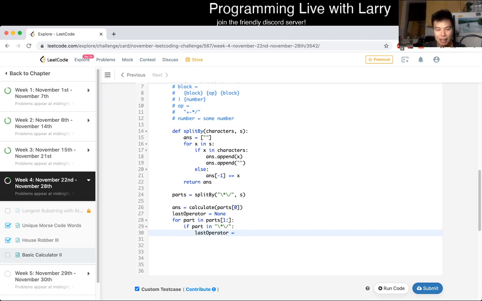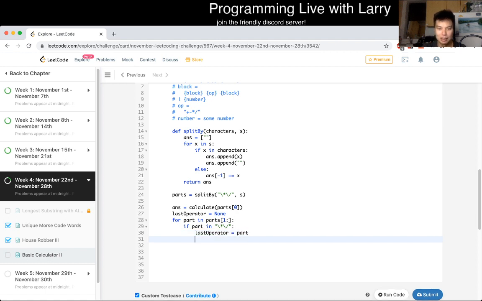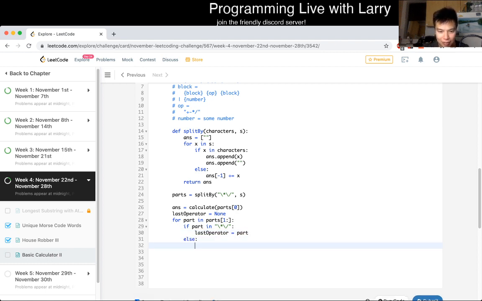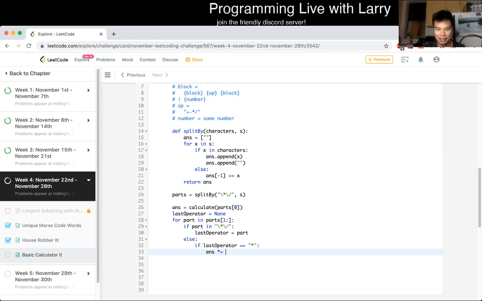But yeah, okay. So that's operator is equal to part. Else, if last operator is equal to a star, then we just take the answer and then we calculate this part. Else we divide it by calculating part.